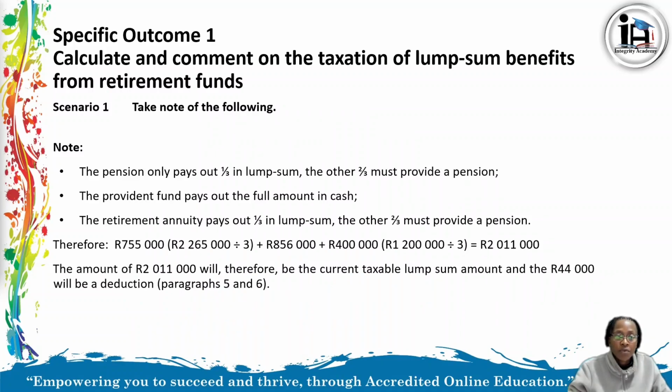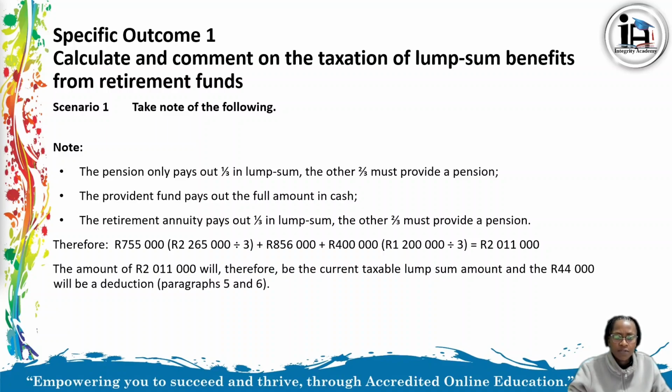Please take note of the following. The pension only pays out 1/3 in lump sum. The other 2/3 must provide a pension. The provident fund pays out the full amount in cash. The retirement annuity pays out 1/3 in lump sum. The other 2/3 must provide a pension.